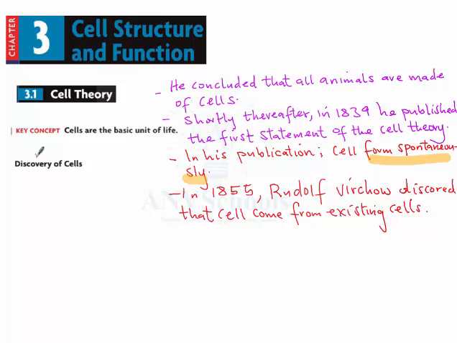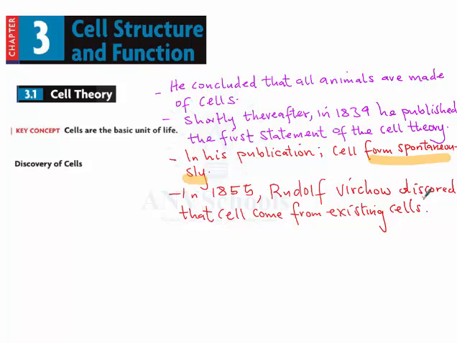In the previous video we were looking at Rudolf Virchow, and we saw that this German scientist reported that all cells come from pre-existing cells.